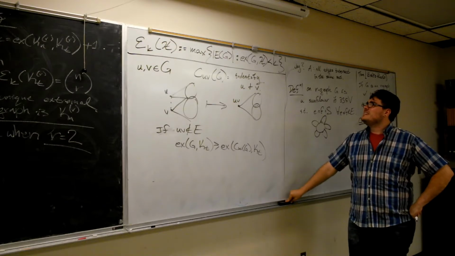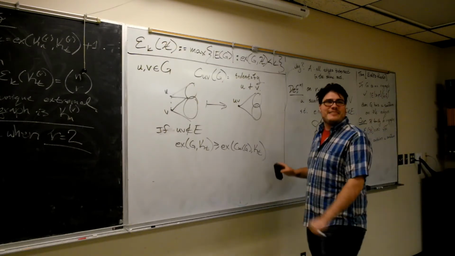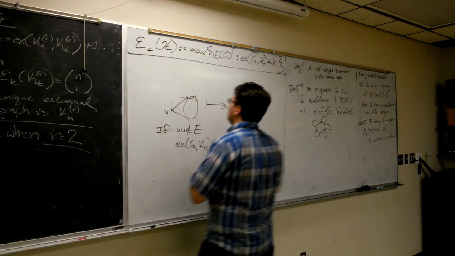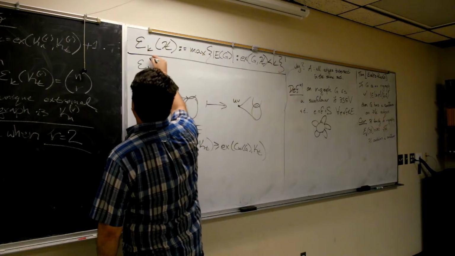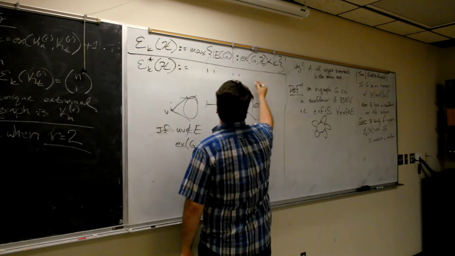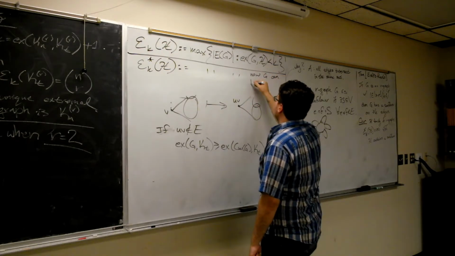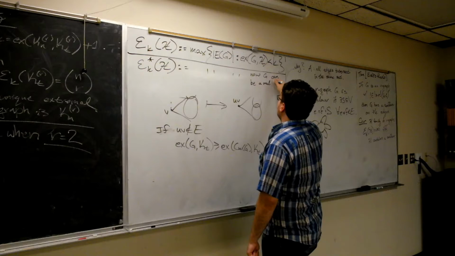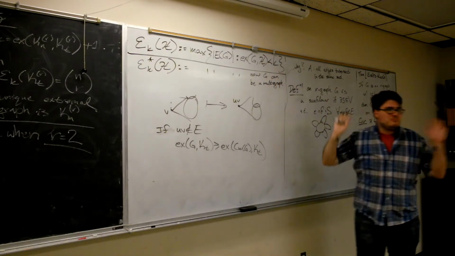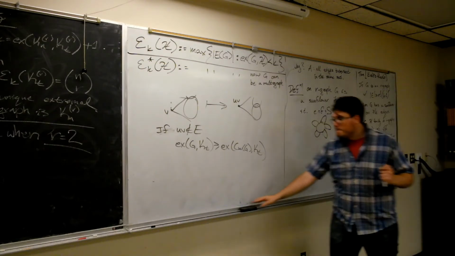So, instead of throwing out results, we'll do what all good mathematicians do and just invent a new symbol. We'll call it EK star. And this is the same definition, except now G can be a multigraph. The star just means I'm allowing the host graph to have multiple edges now.